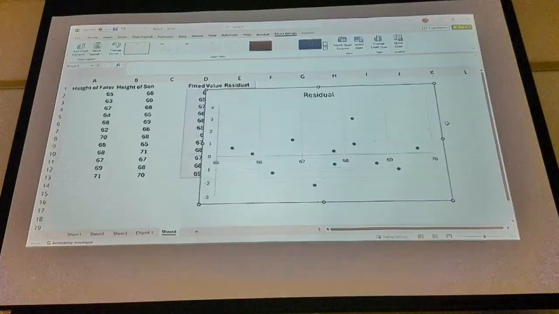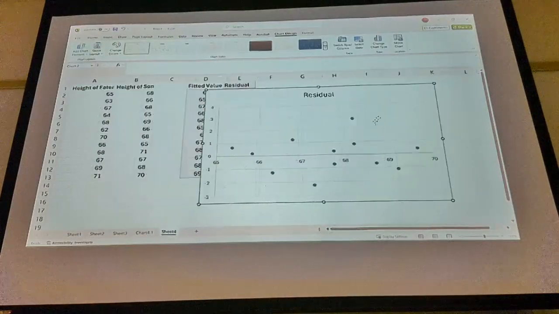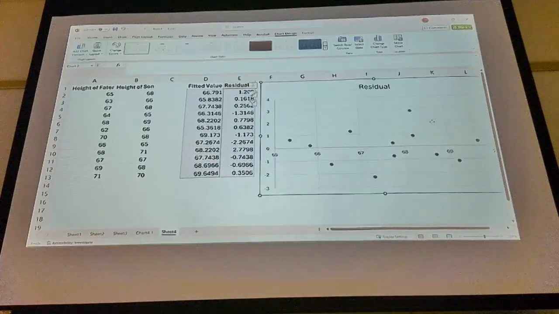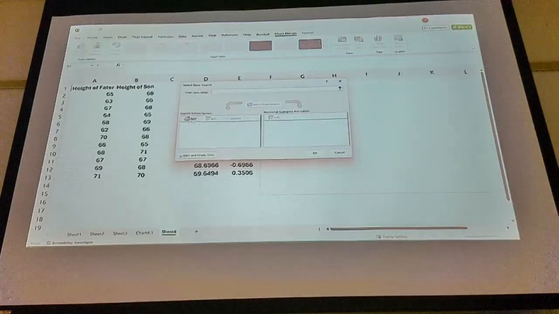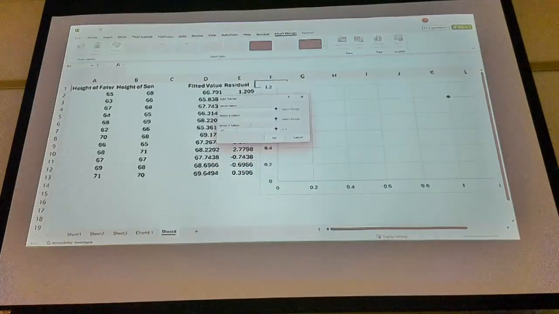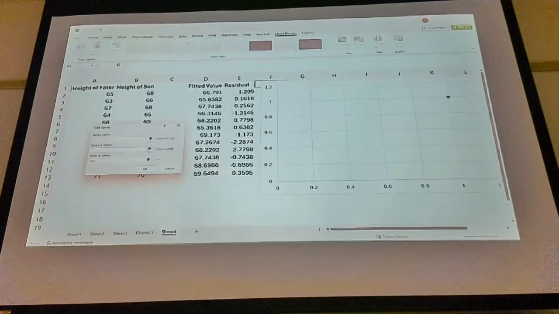So, select data. I am going to remove that. I'm going to add. So the x values are the same, right?